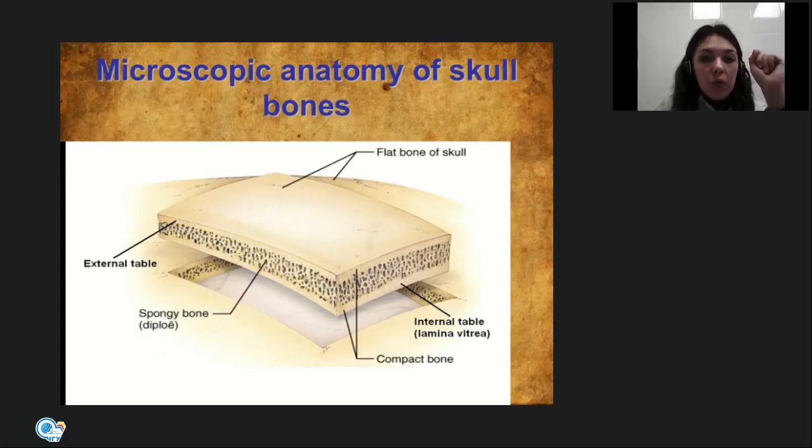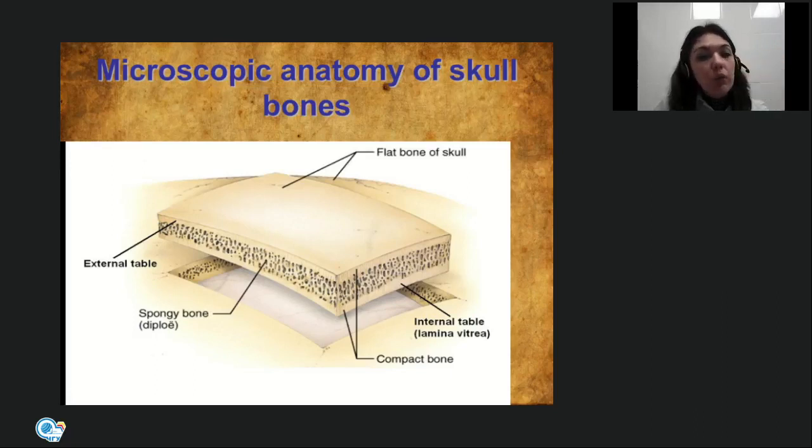Internal table is also named lamina vitrea, glassy plate, because the external table is thicker than the internal table. Internal table is thin. So sometimes during any fractures, any traumas of the head, of the bones of cranial vault, we cannot see any injury of the external table, but because lamina vitrea or internal table is thinner, it's more fragile.